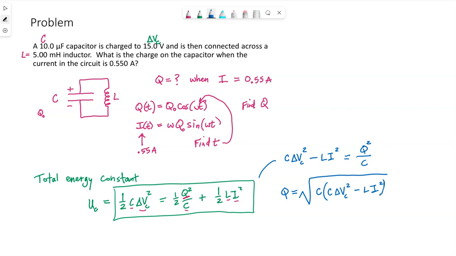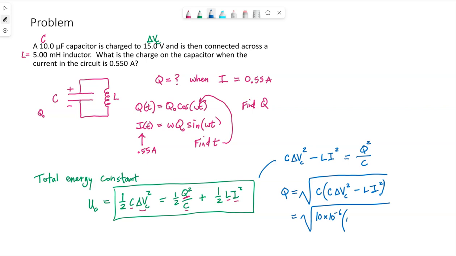All right, so plugging numbers in, the capacitor's capacitance is 10 microfarads.